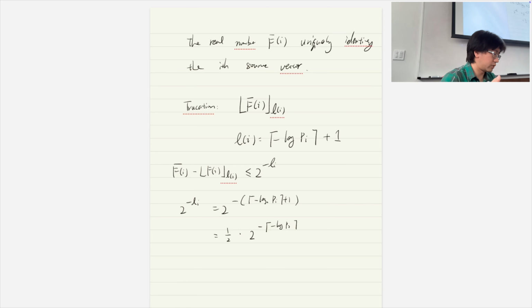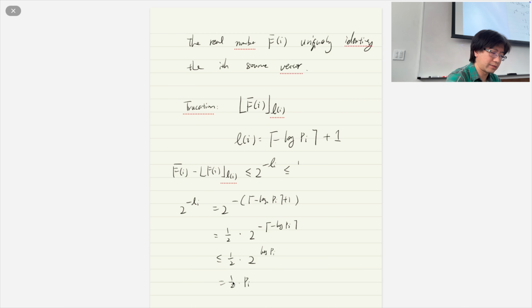Okay, and as usual, let's get rid of the ceiling. So then we have the upper bound, p_i. Okay, right, and then we can see that this is nothing but half multiplied by p_i. Right, okay, very good. And you can see here half would be very important.